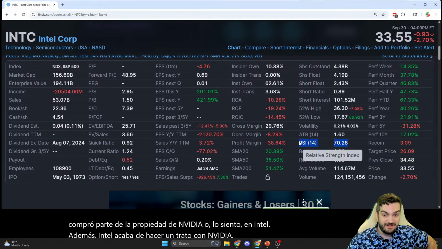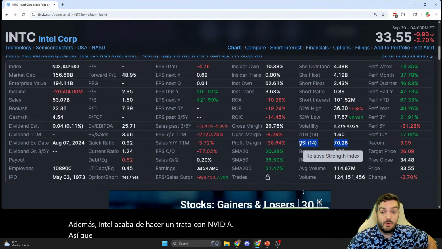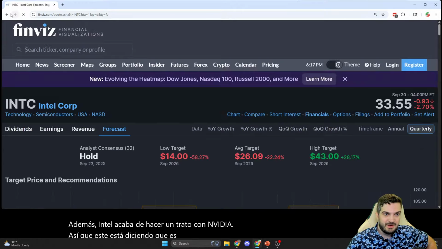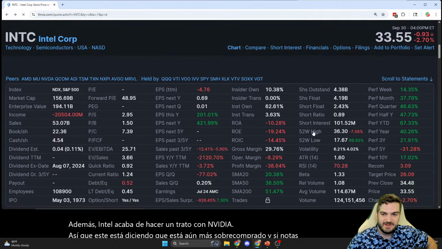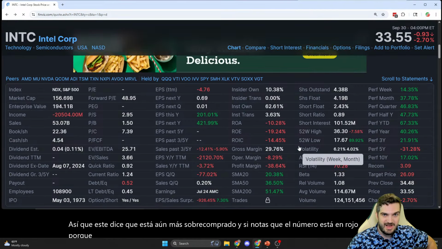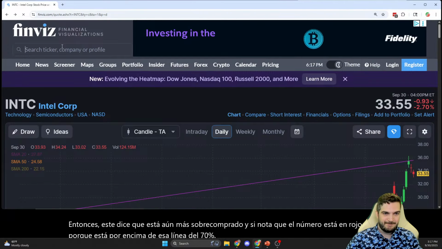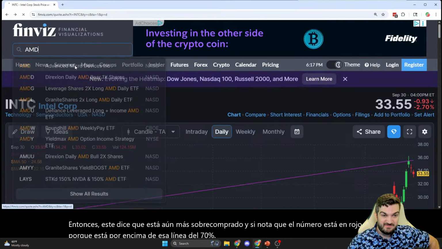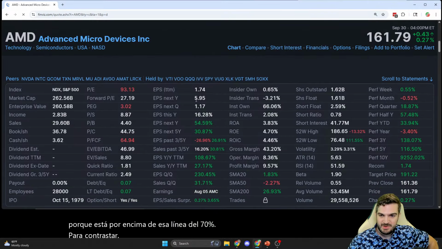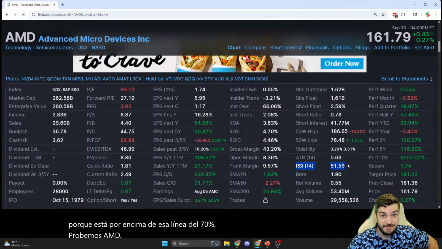So this one is saying it's even more overbought. And if you notice, the number is in red because it's above that 70% line. For contrast, let's try AMD, where we find an RSI of 51%.